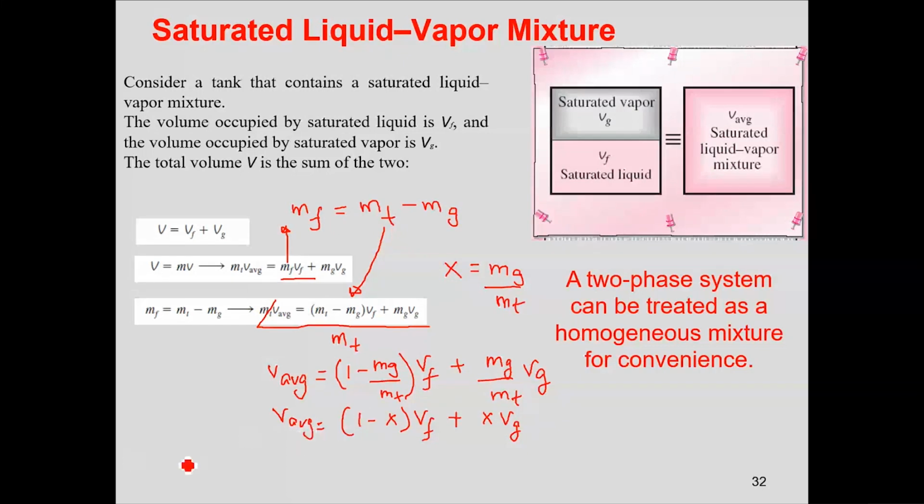All right. Now if I open up this bracket, I would essentially have Vf minus x Vf plus x Vg. Clear enough? Yes, sir. And I can take x common and write Vg minus Vf in the bracket.